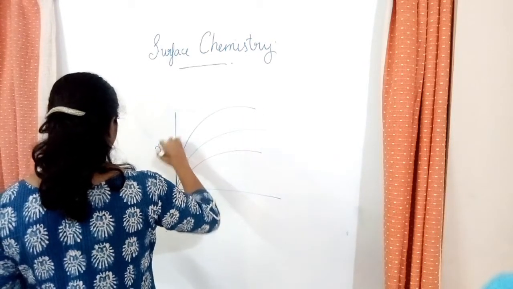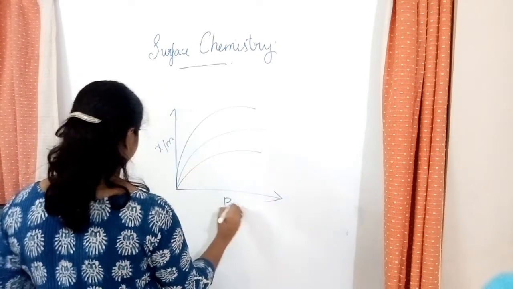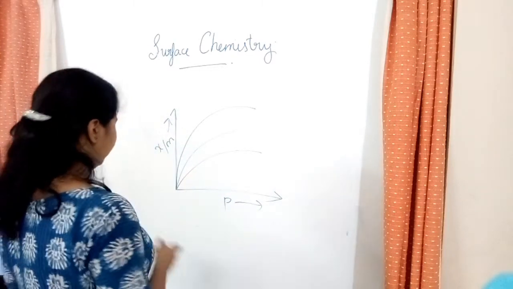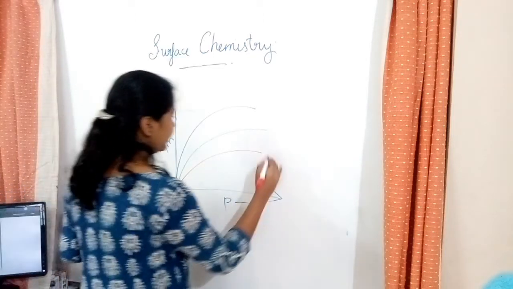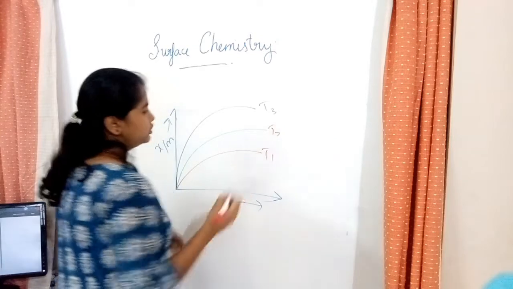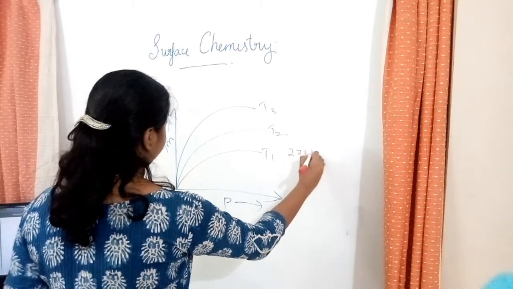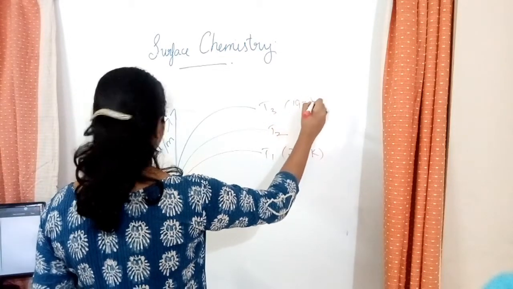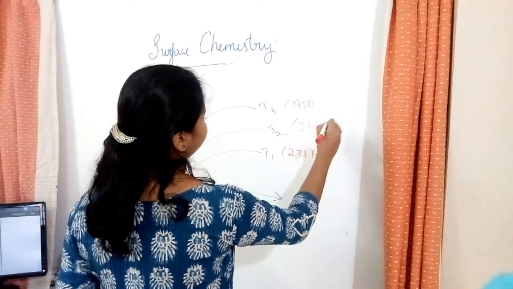Over here this is x by m, and over here this is the pressure. This is the graph at three different temperatures, T1, T2 and T3. Over here this is 273 Kelvin, over here it is 195 Kelvin, and over here it's 244 Kelvin.